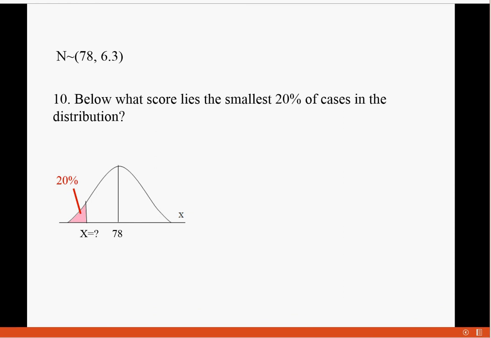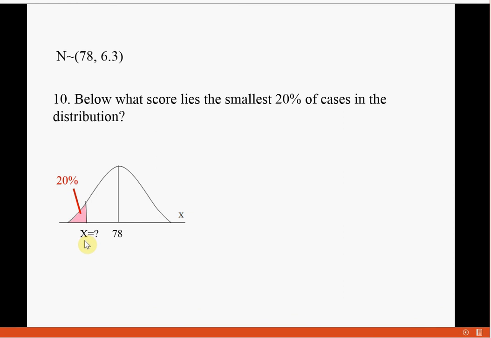Now, obviously, we know the percentage. We need to figure out the value of the original variable x. To do this, we need to find the corresponding z-score.